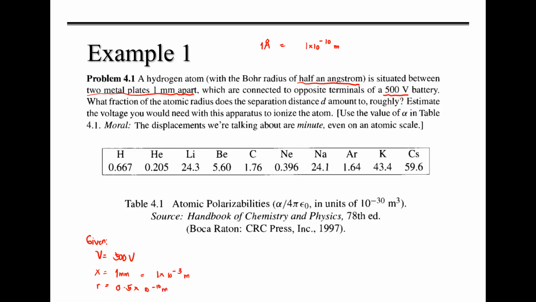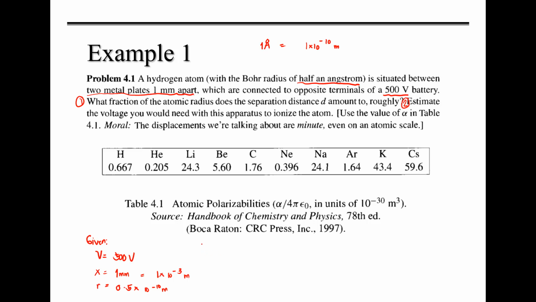So let us use these givens to find the following. The first one is, what fraction of the atomic radius does the separation distance d amount to roughly? And the second one is, we have to estimate the voltage that we need in order to ionize the atom, meaning to say, so that it completely stops being a conductor.